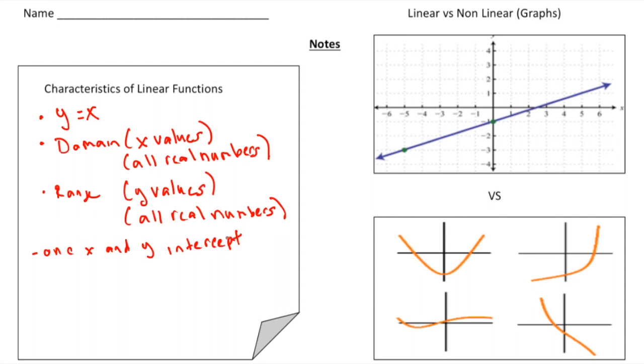If you look over here, this right here is the x-intercept, and this one right here would be the y-intercept. So there's only one of each. And then lastly, the slope is consistent among any 2 points of the graph. So the slope is consistent.